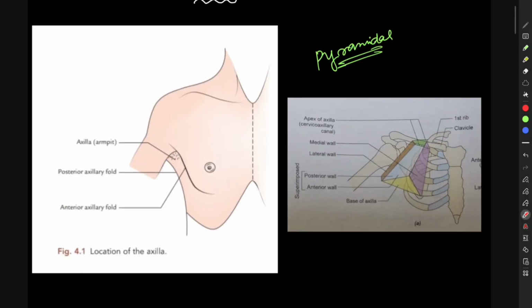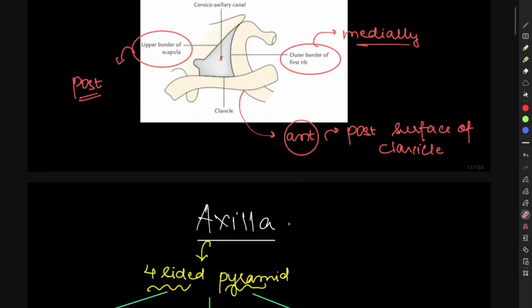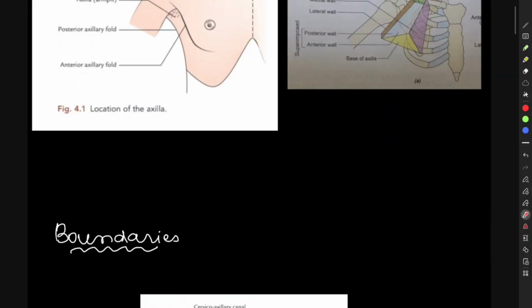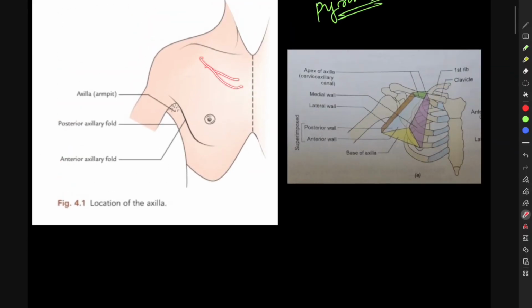If we imagine this region in the body, from behind you will see the scapular bone here, okay. Then here the first rib will come, that will be forming the relation, whereas posteriorly the scapula, anteriorly we have the clavicle, whereas medially we have the first rib, so the outer border of the first rib. So this will be the relations for the apex of the axilla.